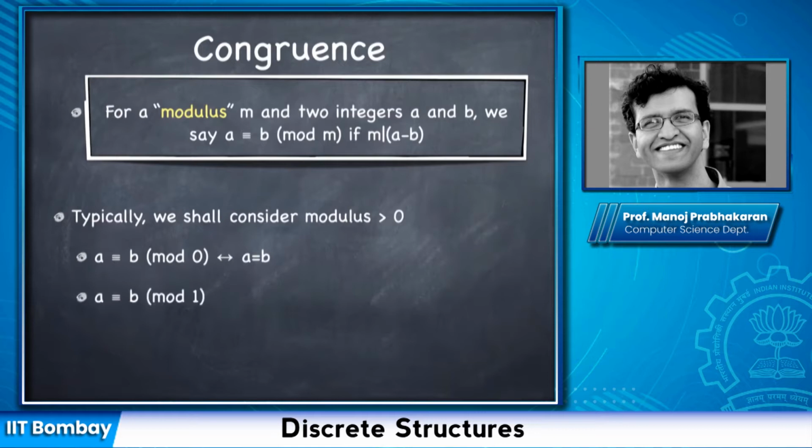At the other extreme, if I consider the modulus 1, then any two integers are congruent to each other. That's because 1 divides every integer.